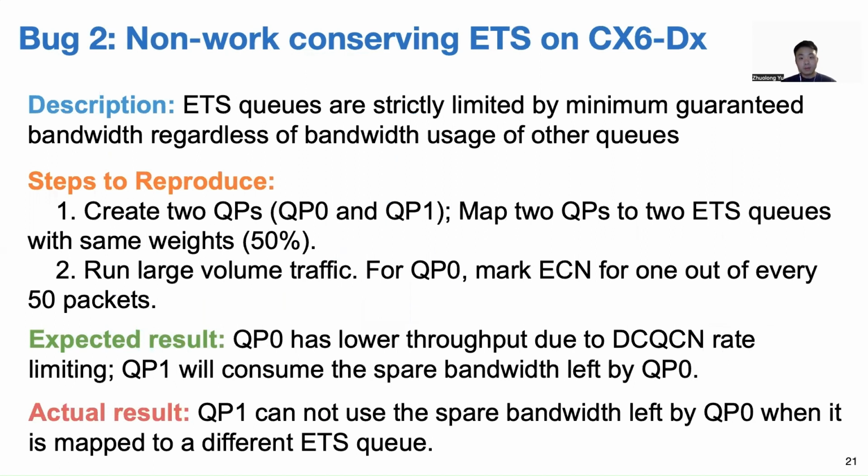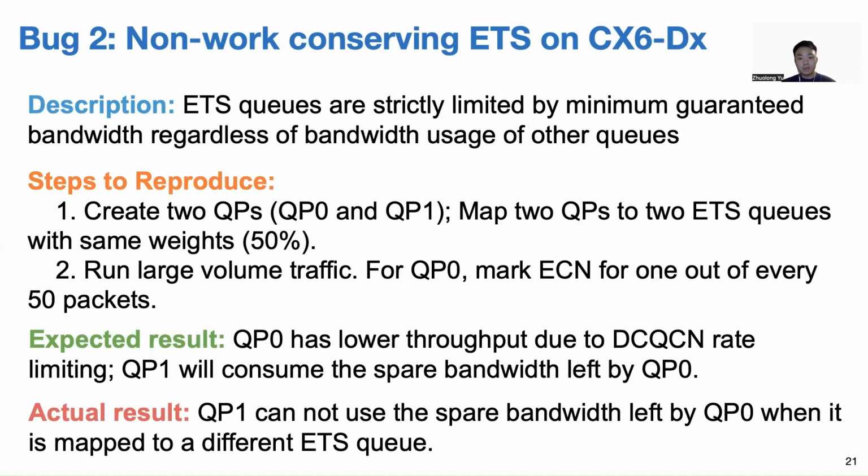The second bug is that the ETS, or enhanced transmission selection, is not work conserving, meaning that the bandwidth is wasted in some cases. To trigger this bug, we can have 2 connections, and at the sender side, we map 2 QPs to 2 ETS queues, and we consistently mark ECNs for the first connection to simulate congestion.